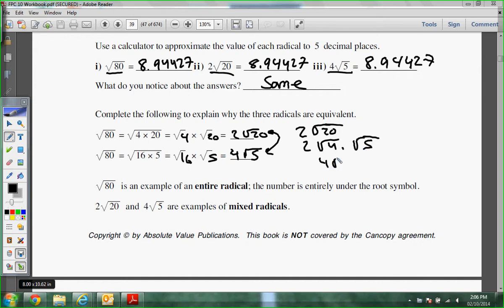We connect the dots of how that became 4 root 5. They're all simplifications of each other. Like I said above, root 80 is an example of an entire radical, which means non-simplified. 2 root 20 and 4 root 5 are examples of mixed radicals, or radicals that are somewhat simplified. I guess 2 root 20 could be simplified more, but you get the idea.